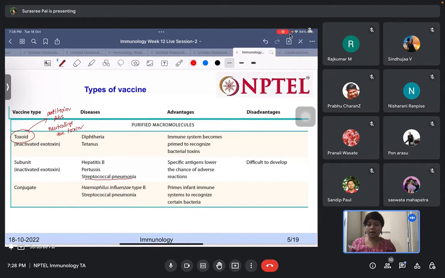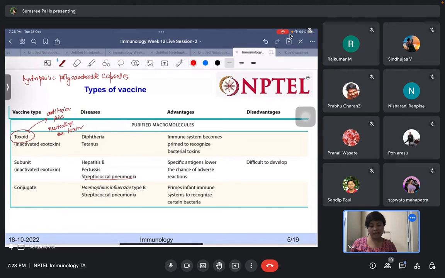Some pathogens have a hydrophilic polysaccharide capsule around them, which actually prevents phagocytosis of these pathogens, right? So they can evade phagocytosis. Therefore, if this capsule can be coated with antibodies and complement proteins, then phagocytosis becomes easier.